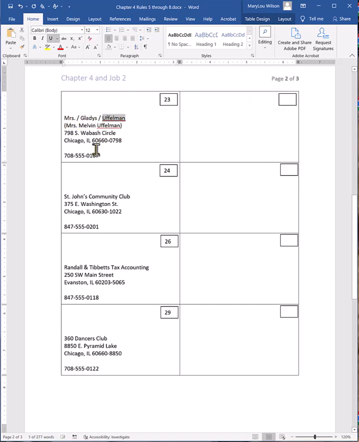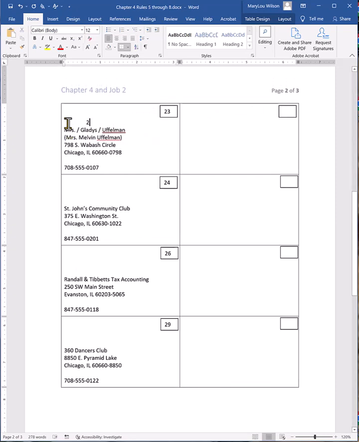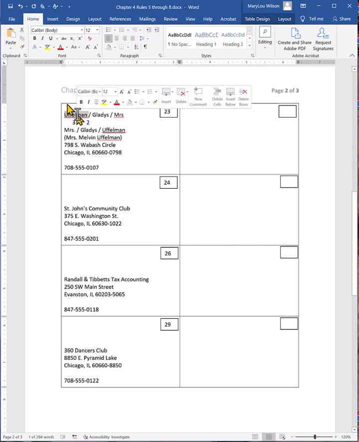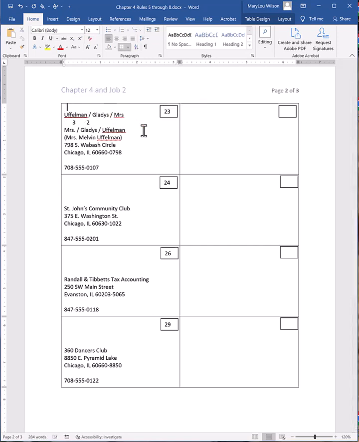We're going to underline that. Her first name is going to be unit 2. So we're going to put a 2 above Gladys. And the Mrs. is unit 3. So we're going to rewrite it in correct coded order. And it becomes Uffelman as the key unit, Gladys, unit 2, and Mrs. as unit 3.